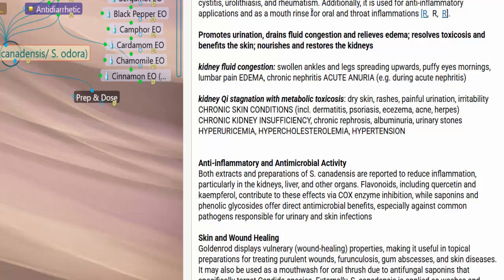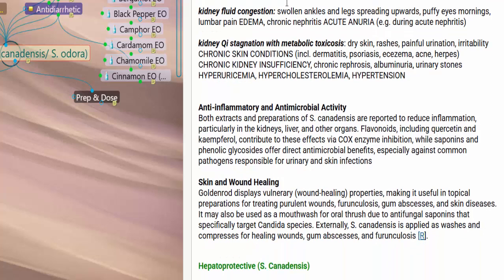So here we're getting into a bit of the Chinese use, something called kidney fluid congestion. In Chinese medicine, that condition has certain symptoms like swollen ankles and legs, spreading upwards, puffy eyes in the morning, lumbar pain, edema, so on and so forth.